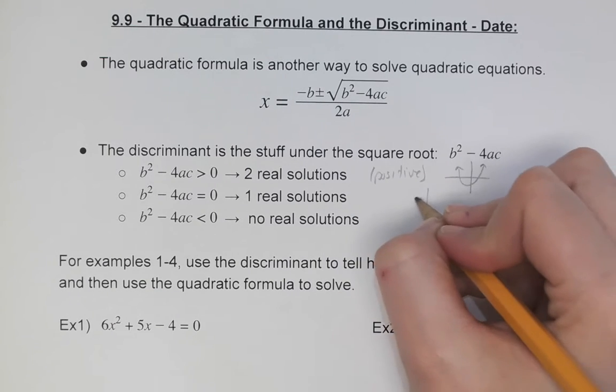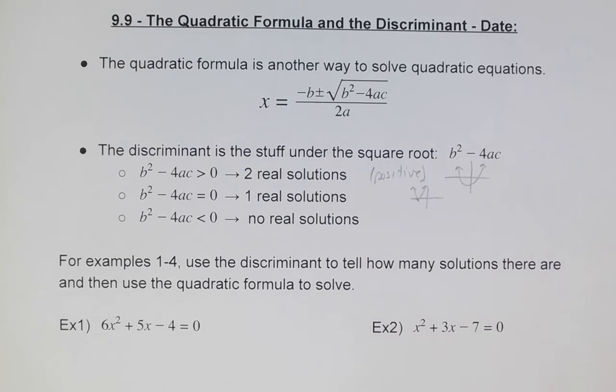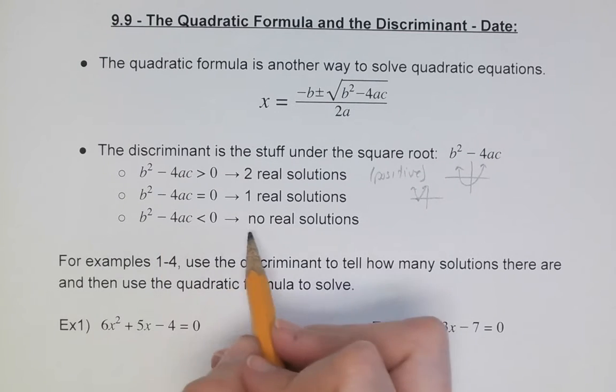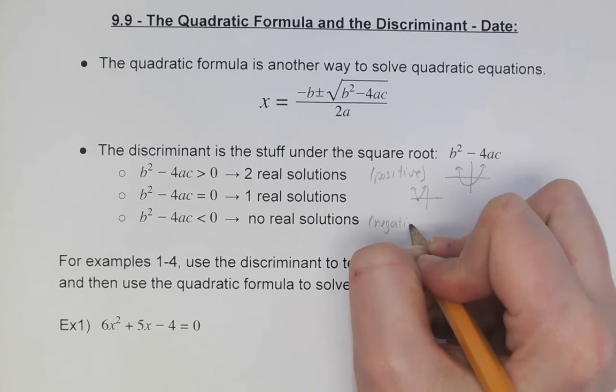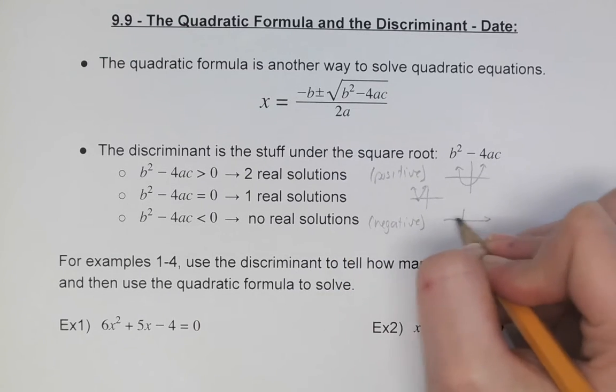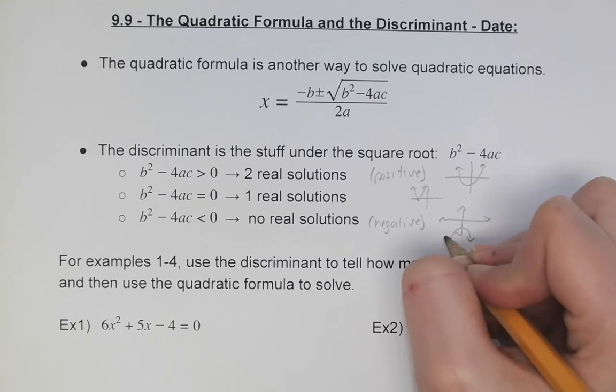That will look something like this, where the vertex sits right on the axis. And if it is less than 0, or negative, that means you are going to get no solutions and your graph is not touching the x-axis at all.